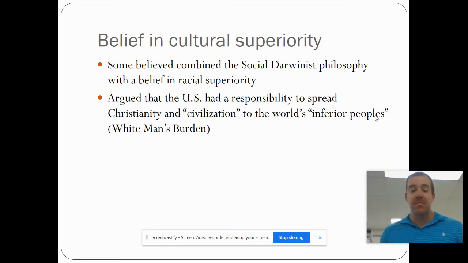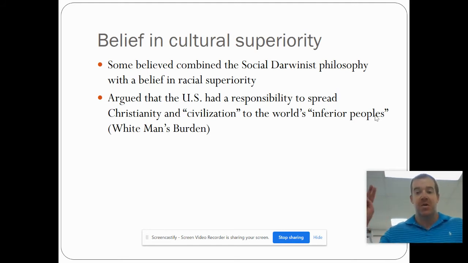Now, something else that is important is this idea called the white man's burden. The United States has a responsibility to spread Christianity and civilization and democracy to the world's "inferior" people. It's called the white man's burden.